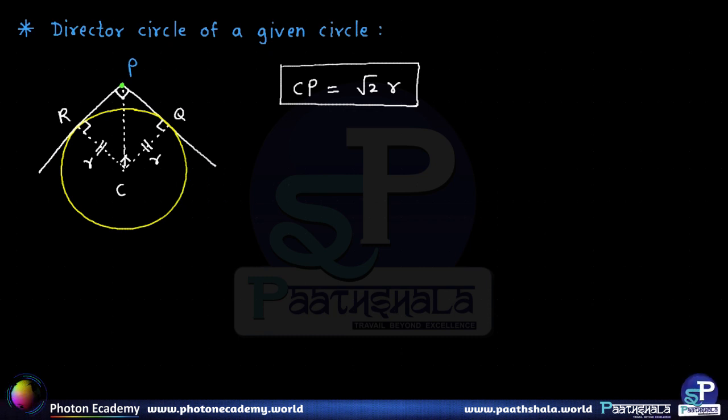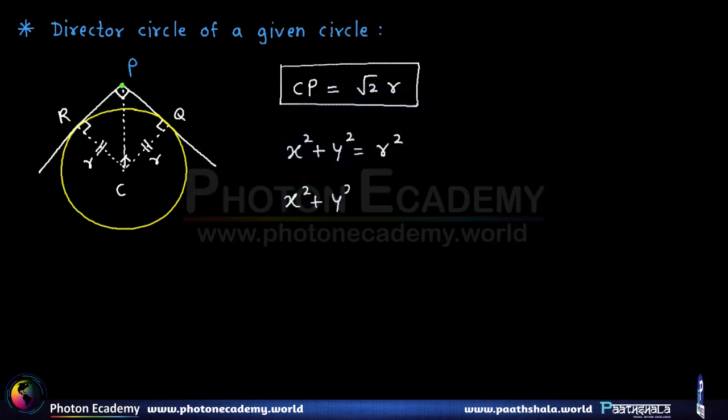So therefore if we consider a standard circle, say x square plus y square equal to r square, then the equation of the director circle will be x square plus y square equal to, now the radius of the director circle is root 2 times r. So we will merely replace r with root 2 r, and that gives us 2r square on the right side.